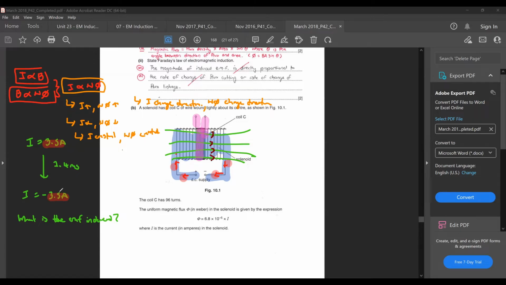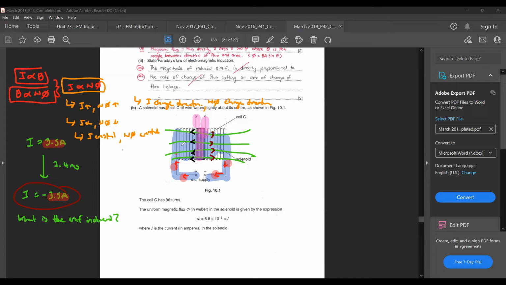But the moment I change my current direction, so rather than flowing in the red direction shown here, it is now flowing in the opposite direction to the red colored line. So I will still have flux linkage, but this time my flux linkage will be directed in the opposite direction, probably in this direction. So there is a change in flux linkage here because the direction has changed.